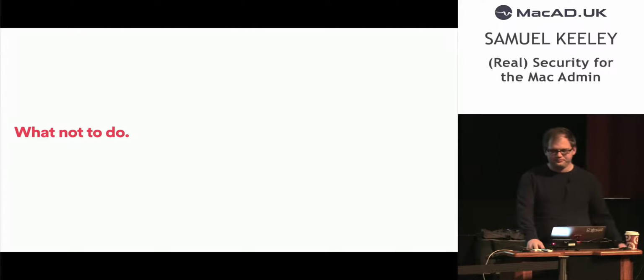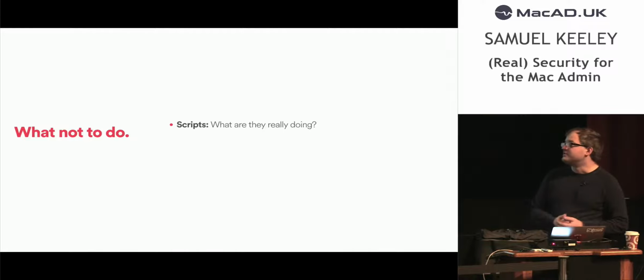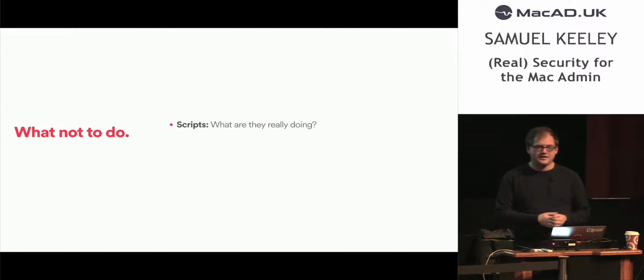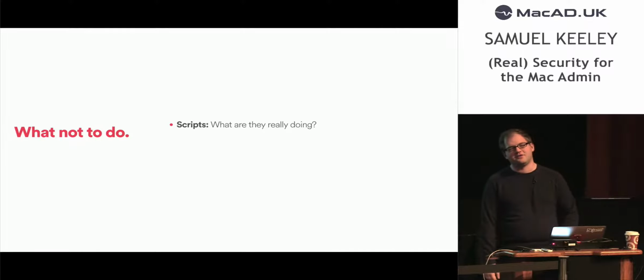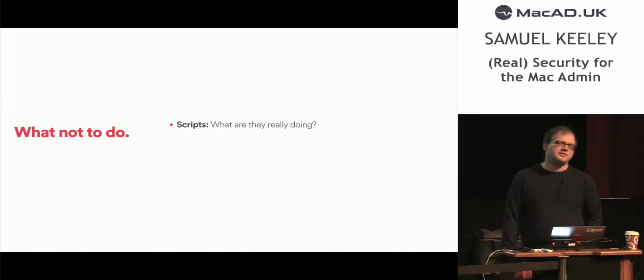Let's talk about scripts. I think in a Mac admin's life, or really any sysadmin's life, you're going to run a lot of scripts off the internet. Now, I think a lot of people think about this in a way of, I don't really trust this script, and going to evaluate it for what it might be doing.